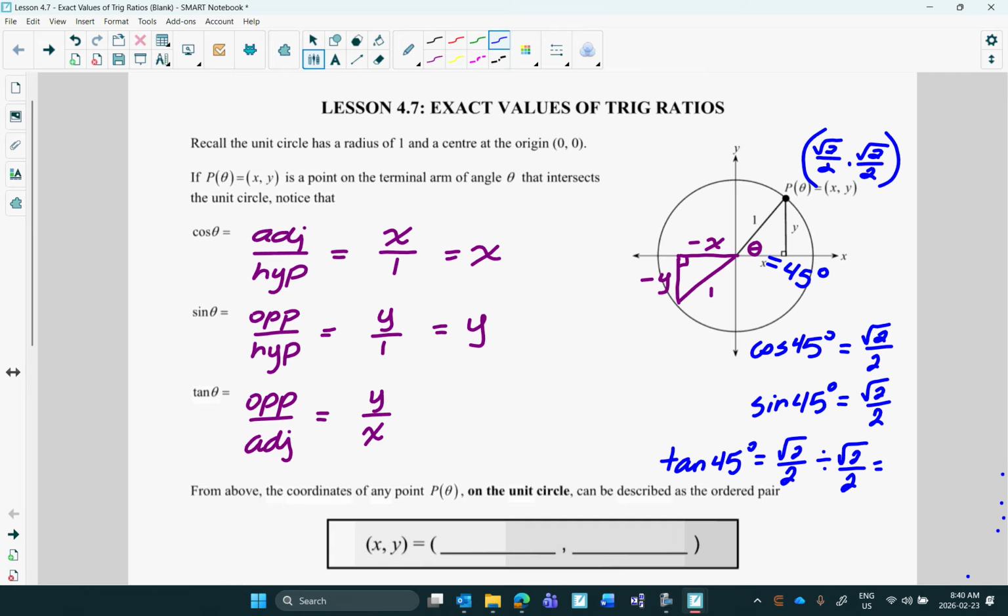What's root 2 over 2 divided by root 2 over 2? Anything divided by itself is 1. And if you do that on your calculator right now, the tan of 45 degrees, you'll get 1. But now you can find it without a calculator. You can find the exact values. If you did the cosine of 45 degrees on your calculator, you get some decimal answer. But if you did this divided by this, you get the same decimal answer.